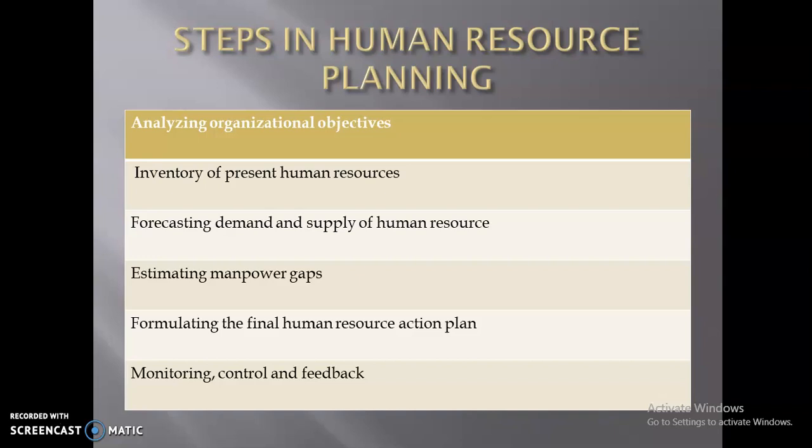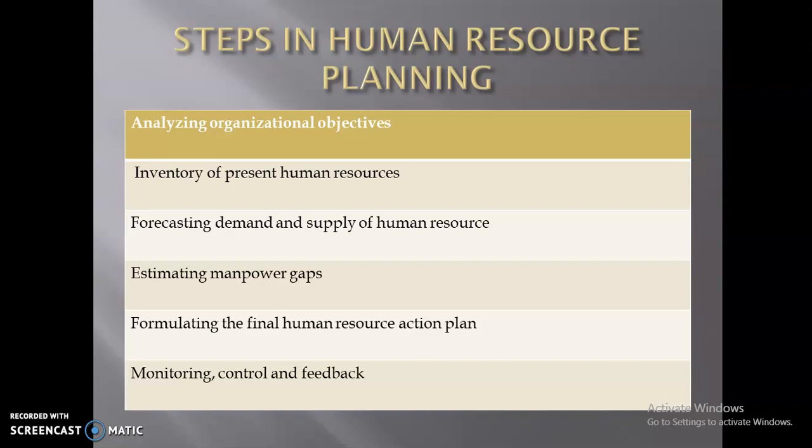How many employees are there? How many more do I need? Are the current employees enough for me? So I am estimating the manpower gaps. It might be because of the qualification and skills also. And finally, once I know that there is a manpower requirement, there might be a surplus or a deficit.